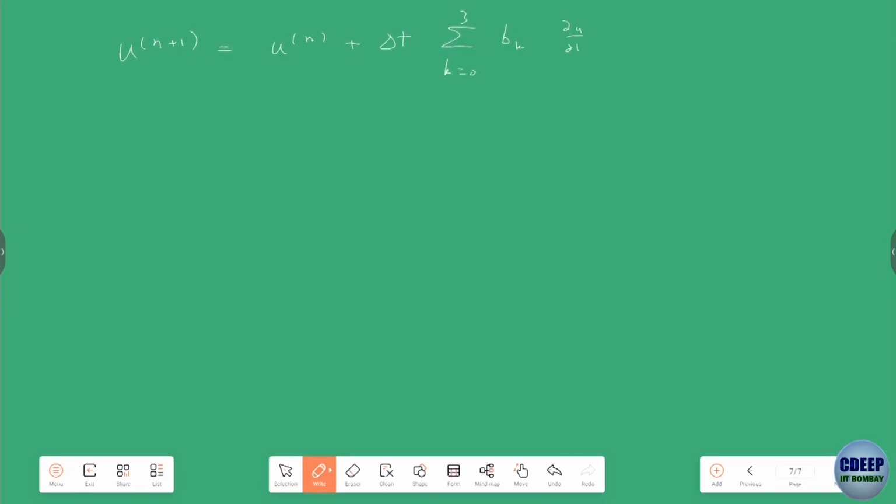del u del t at n minus k. So you start by, you want to expand all these terms around the current time instant, in Taylor series.